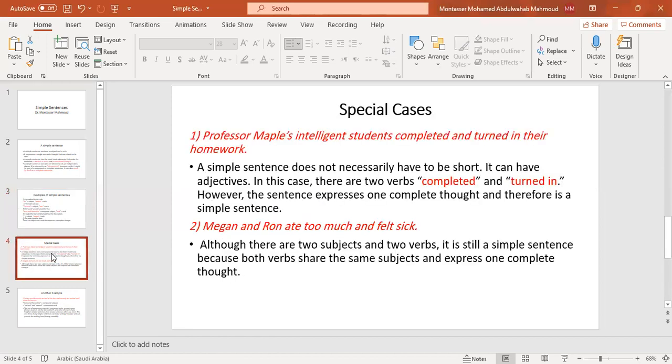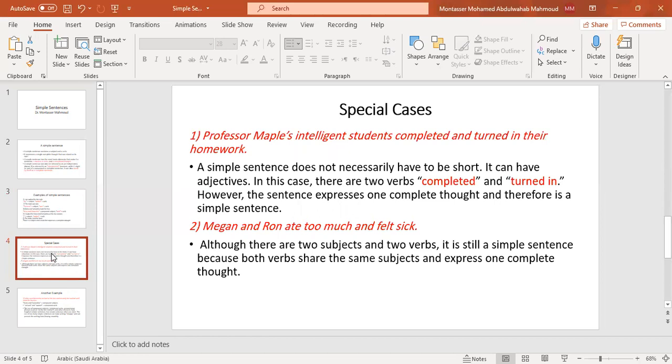There are some special cases that I want you to take into consideration when considering simple sentences. Look at this example: Professor Mabel's intelligent students completed and turned in their homework. Here, don't be worried about having more than one verb.